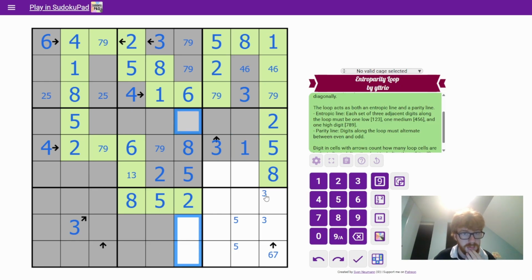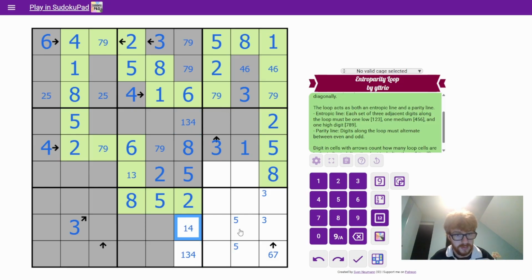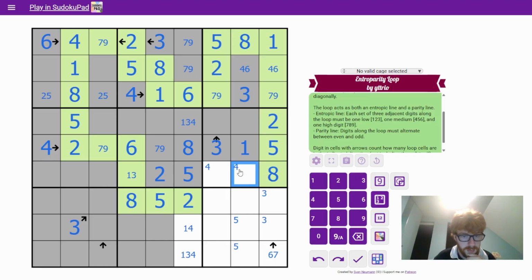We're missing 1, 3, and 4. That's not a 3. In fact, one of those is a 4. One of those is a 4.